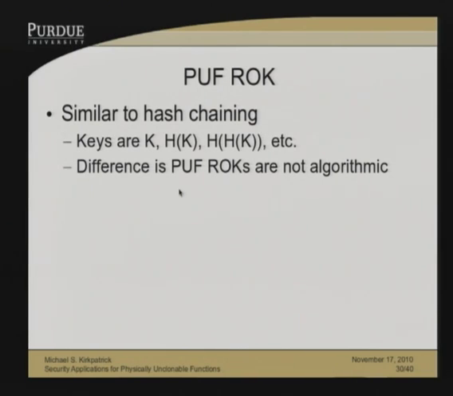So you don't have the same type of algorithmic process involved. Especially with the ideal PUF assumption that we talked about earlier, you have less determinism. So if two devices started with the same initialization, you would get different sequences of keys as a result.